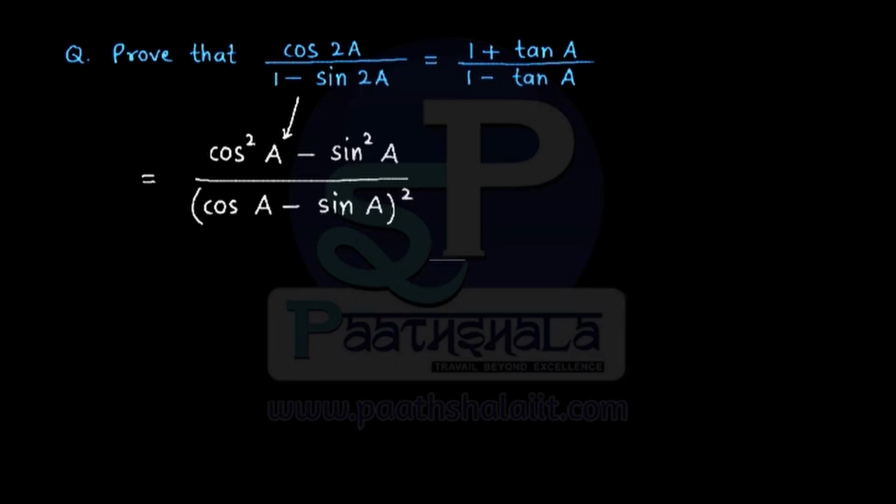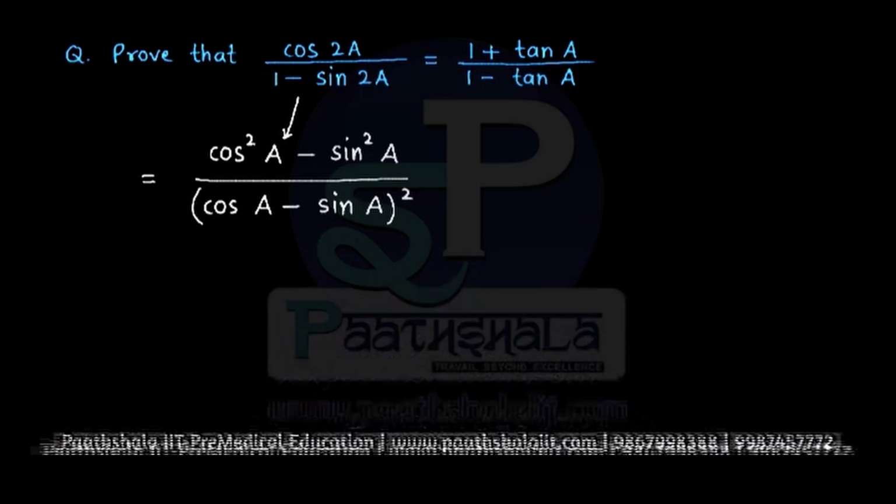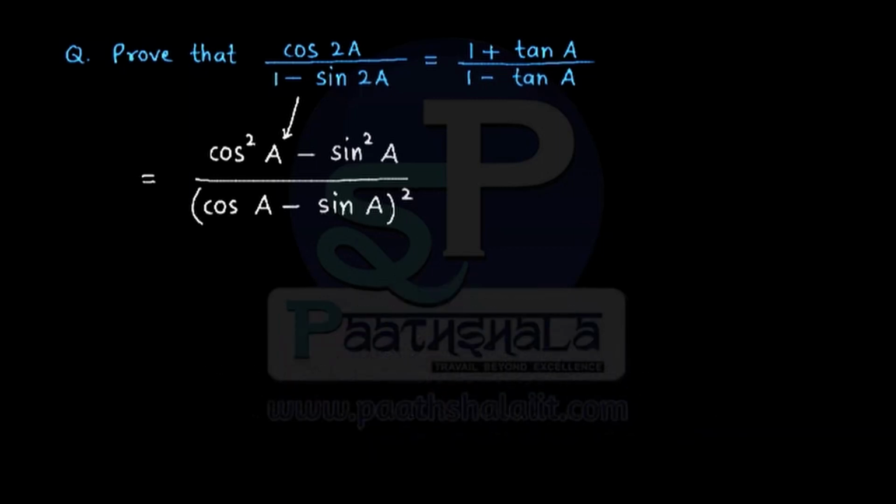This might be a little new thing, but if you verify that, like cos a minus sin a the whole square, you see that cos square a plus sin square a will give us 1, and the middle term is minus 2 sin a cos a, that gives us sin 2a, right? So therefore 1 minus sin 2a can be written as cos a minus sin a the whole square.